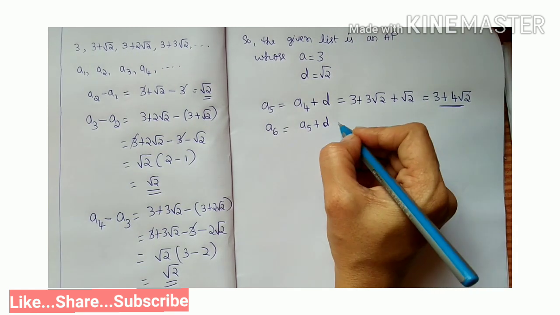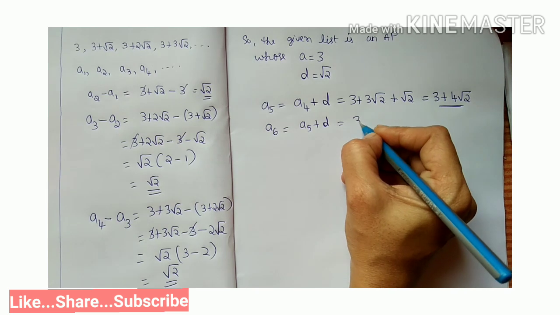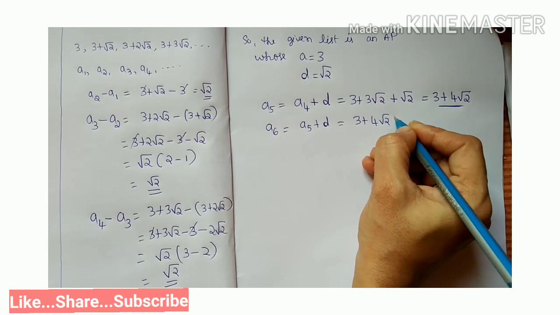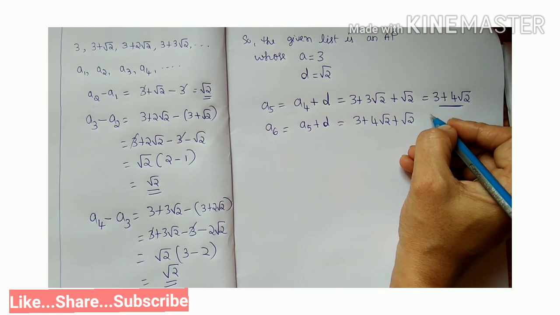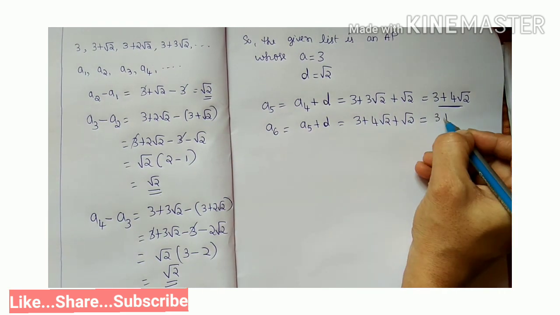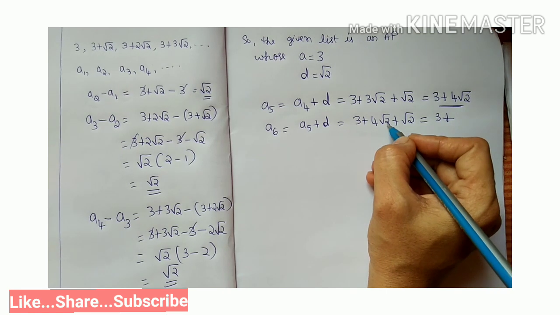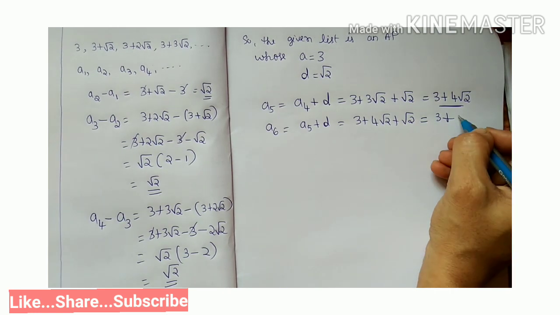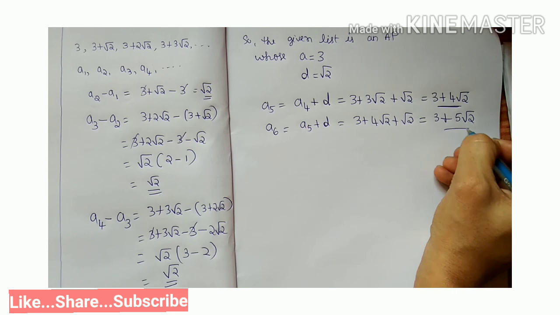Here A5 is 3 plus 4 root 2 plus root 2. How much? 3 plus, here root 2 is common, take outside, 4 plus 1, 5 root 2.